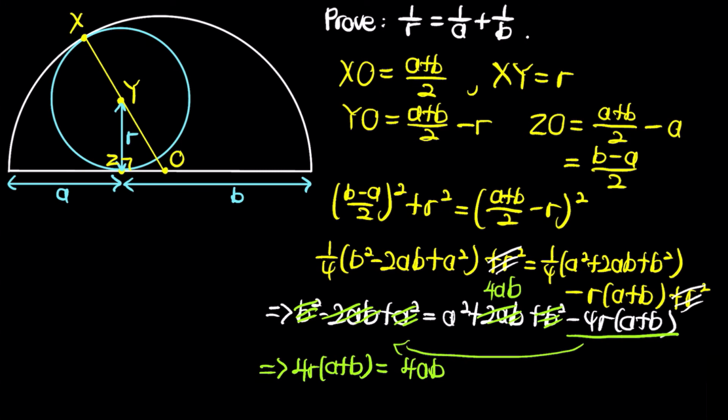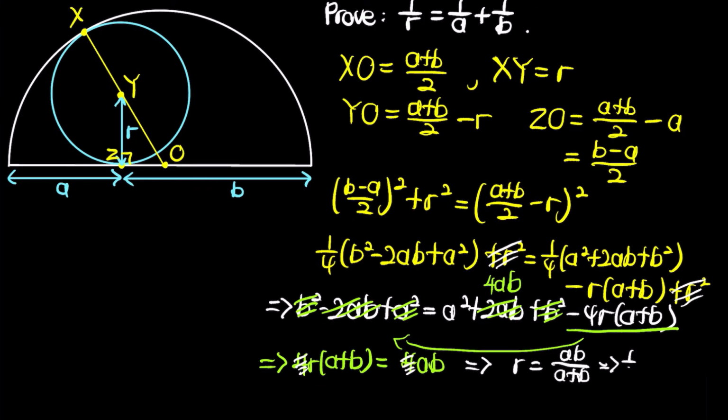And then we can divide out these 4 on both sides. So essentially we're left with r is equal to ab over (a plus b), which means that 1 over r is equal to (a plus b) over ab. And then this is the same as 1 over a plus 1 over b, which is the fact that we want to prove.